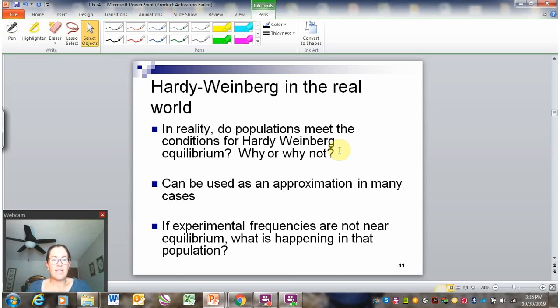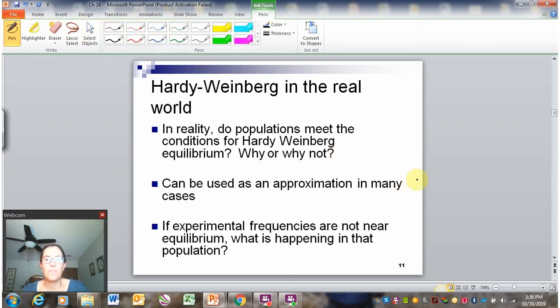In reality, populations are probably not in Hardy-Weinberg equilibrium, especially if you look over thousands of years of time. But for a year or short periods of time, it can be used as an approximation. So it helps us estimate what a population should be doing. This is important because we want to be able to compare what Hardy-Weinberg is predicting to what actually happens in a population.